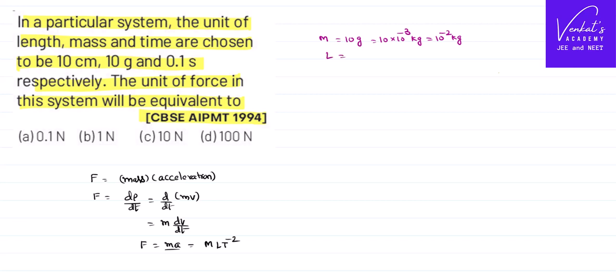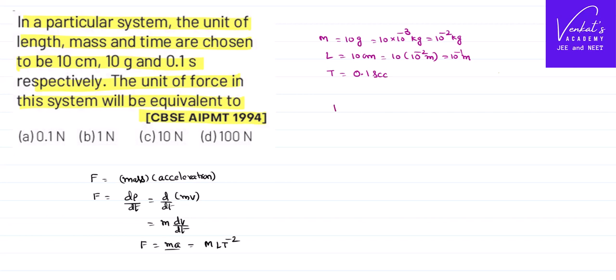Length is given as 10 centimeter, but centimeter is not SI. 1 centimeter equals 10 power minus 2 meter, so this becomes 10 into 10 power minus 2, which is 10 power minus 1 meter. Time is given as 0.1 second, which is SI itself, so I need not make any conversion.